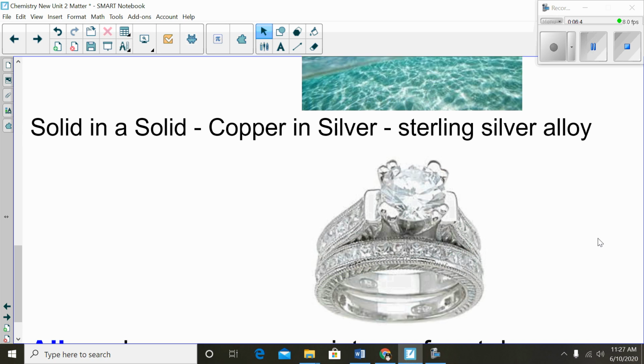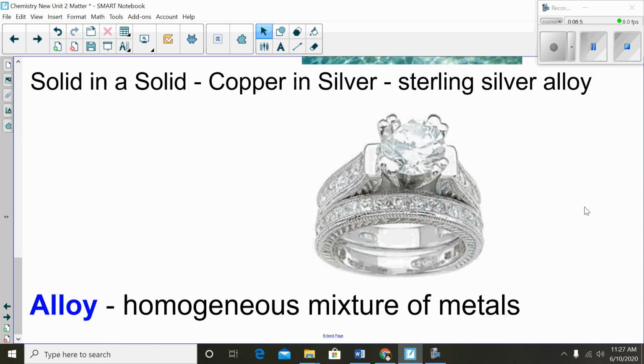So here you can see our sterling silver alloy. That's copper and silver combined. So that word is something I'd like you to actually remember. So an alloy is a homogeneous mixture of metals. So like that brass instrument that I showed you earlier, that is a combination of copper and zinc. You just can't tell the difference.